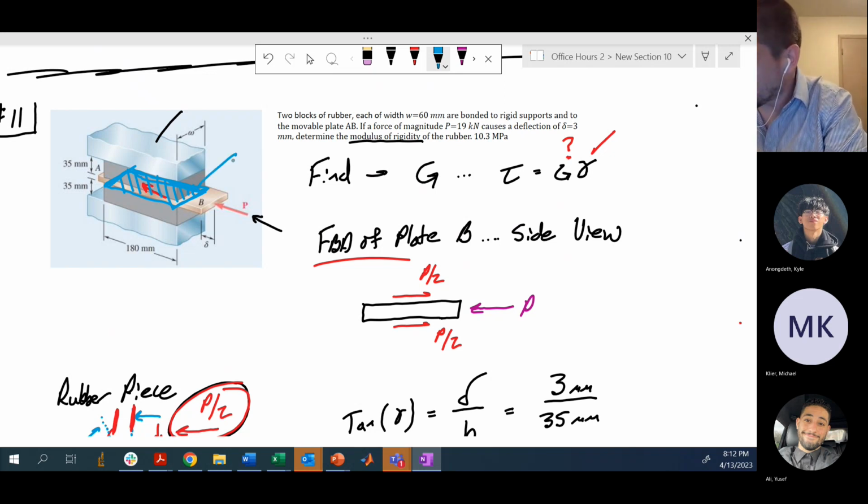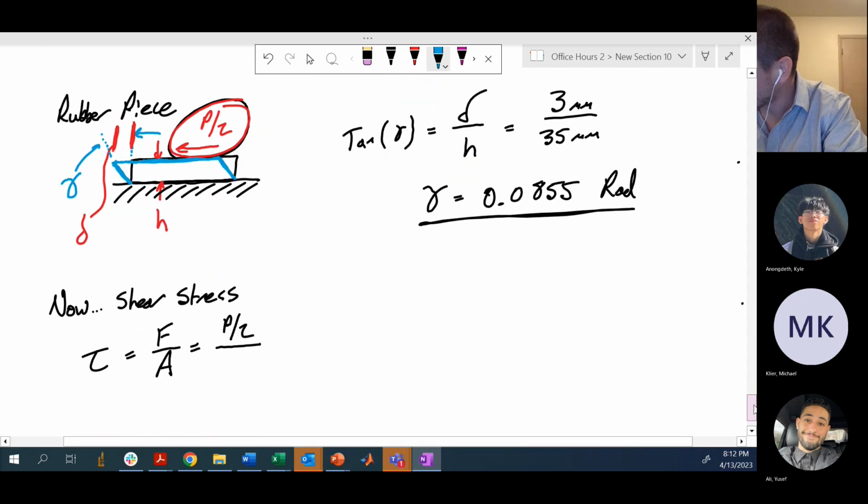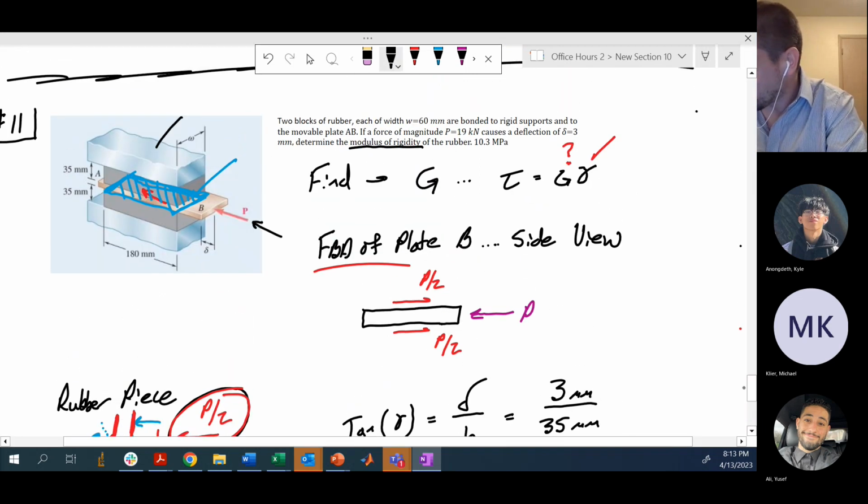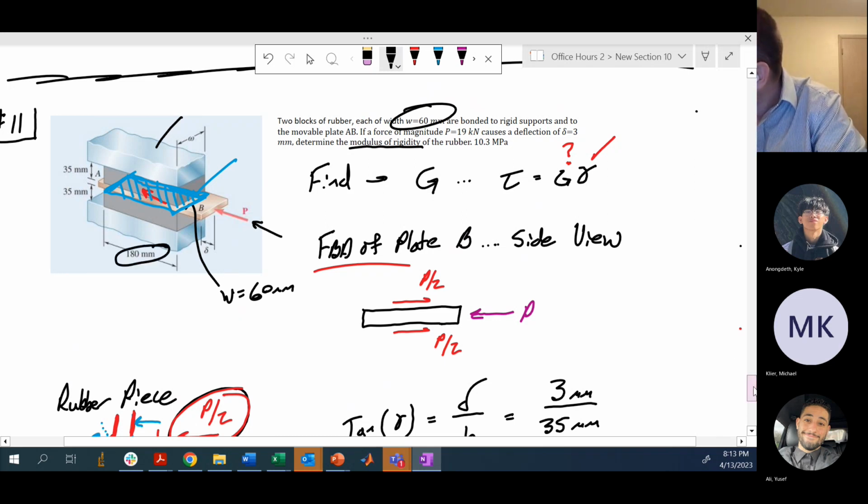What face is it acting on and what is the direction of loading? Well, in this case, the face that it's acting on is this face and the direction of loading is towards point A there. Okay, so the area that we want to use here is this area here, which looks something like W, which we're given in the problem is 60 millimeters, by this 180 millimeters here. Right.